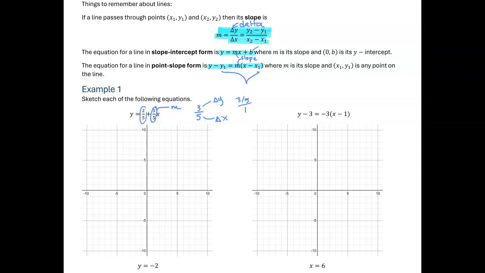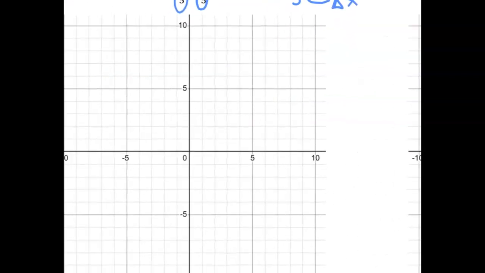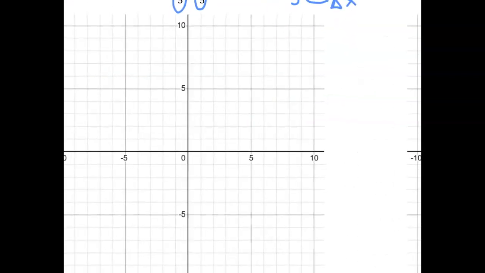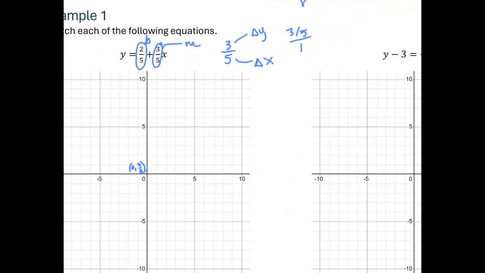And that leaves this value right here to be our b value, which is the y coordinate of our y-intercept. So I'm going to zoom in a bit here and say, okay, if we cross the y-axis at 2/5, so (0, 2/5) is our y-intercept, and then we head off with a slope of 3/5, we should get a pretty decent graph.